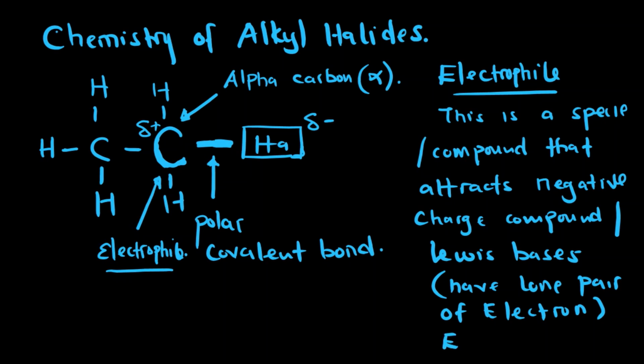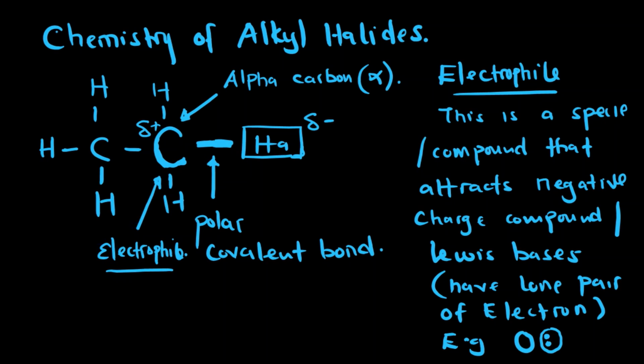For example, if you have oxygen here and it has 2 electrons like this, this is a lone pair of electrons. So now the electrophilic center, in this case the alpha carbon, always attracts negatively charged species or Lewis bases, which are just compounds that have a lone pair of electrons.